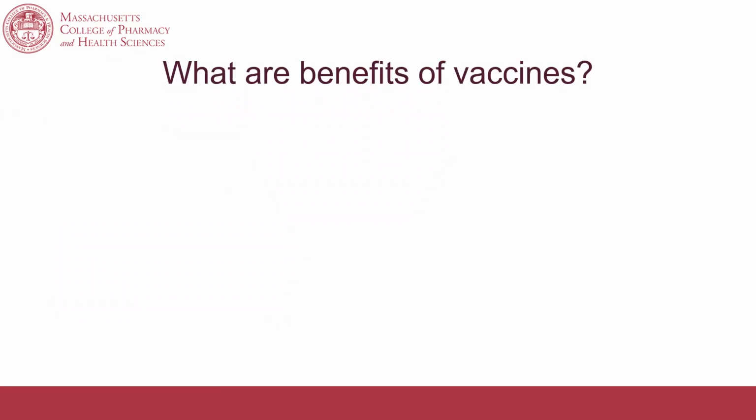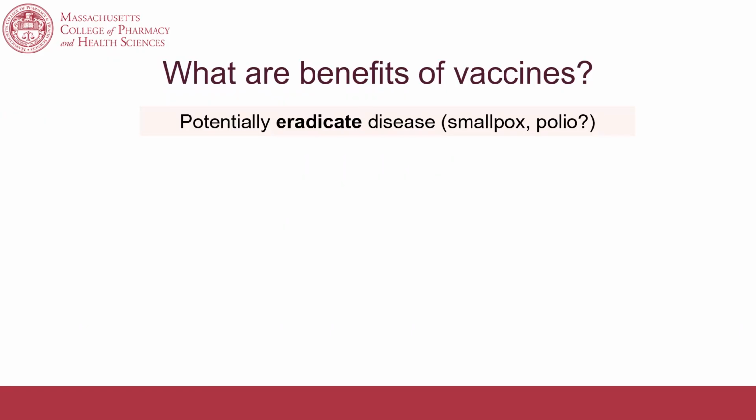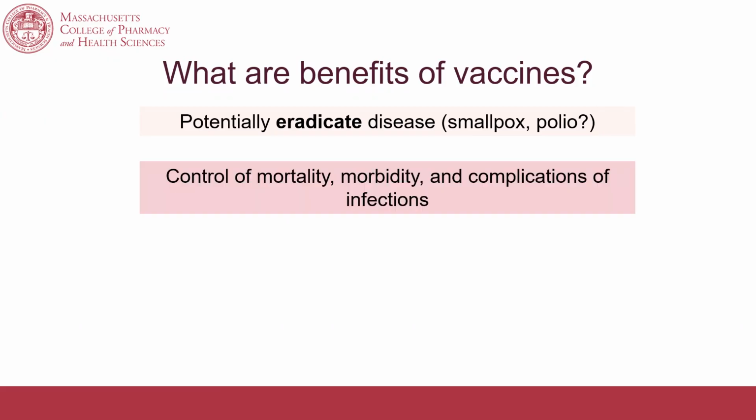So let's go over what are the benefits of vaccines. Well, they can potentially eradicate diseases. And we see that with smallpox, and we're on the verge of eradicating polio. They can control mortality and morbidity rates. This is huge. If you can prevent people from dying, as well as prevent infections itself, then you can prevent people from experiencing the complications of these diseases.